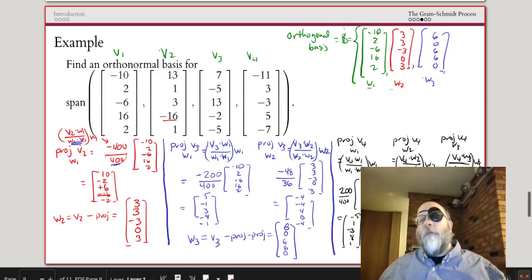Negative 54 over 108 is just negative 1/2. So these change signs and divide by 2. We get negative 3, 0, negative 3, negative 3, and 0.